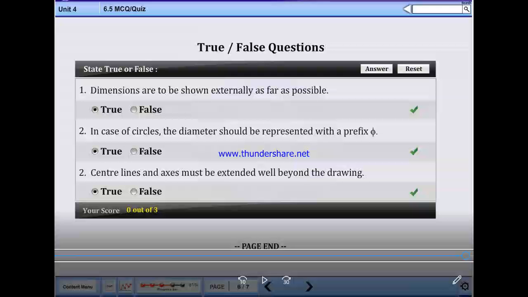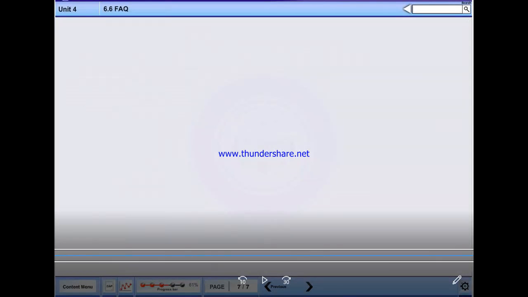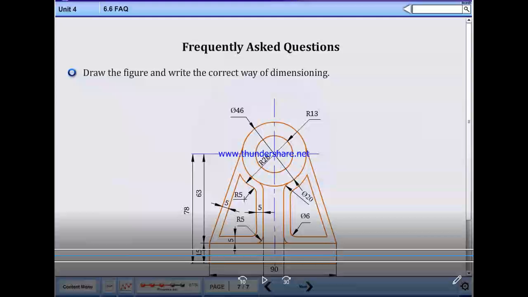In case of circles, the diameter should be represented with a prefix phi. Yes, it is correct. And the center lines or axis must be extended well beyond the drawing. Yes, it is true. And with this, we may learn some previous questions. So note down with this.